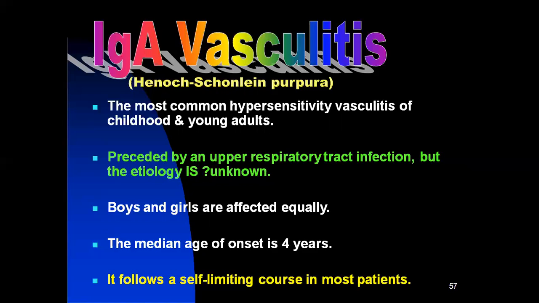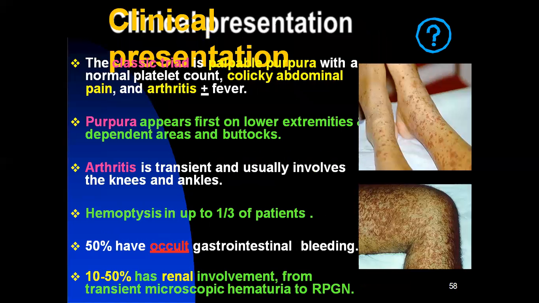It's the most common hypersensitivity vasculitis of childhood and young adults, preceded by upper respiratory tract infection, but the etiology is unknown. Both males and females can be affected, and the age of onset is quite early. Usually, this is a self-limiting disease in most patients.